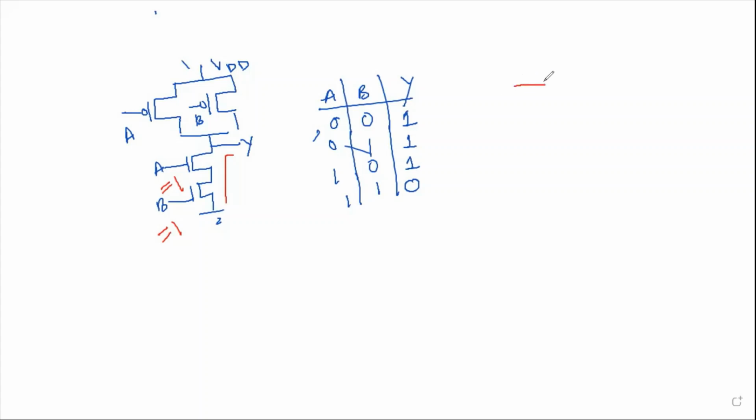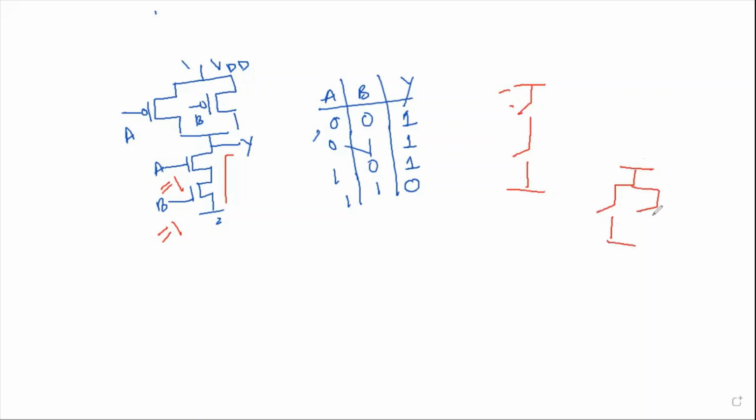Let's start by imagining them as switches. So this is a series path and this is going to be a parallel path.